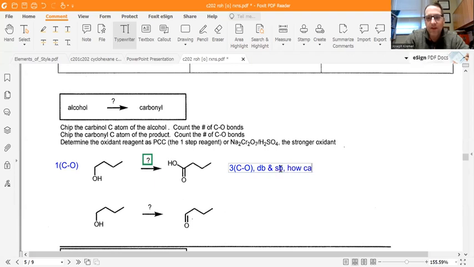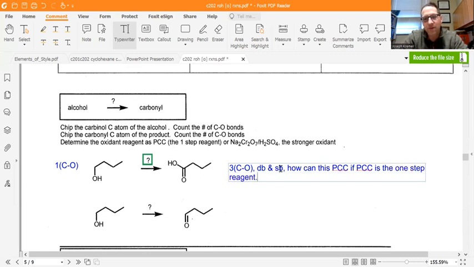So how can this be PCC? If PCC is the one-step reagent, it can't. This is the stronger oxidant. Wouldn't a stronger oxidant increase the number of carbon oxygen bonds in a more pronounced way?